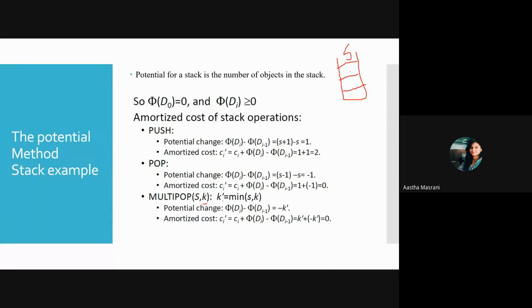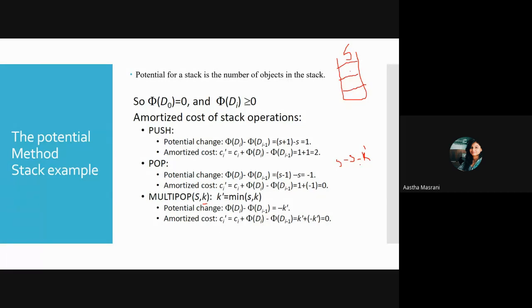If it is 3, then it will be the minimum of what is present in S. So the potential change will be S minus k dash, that is, S minus the total potential cost assigned to the stack data structure, S minus S plus k dash.